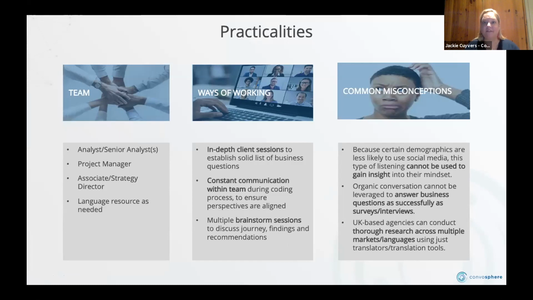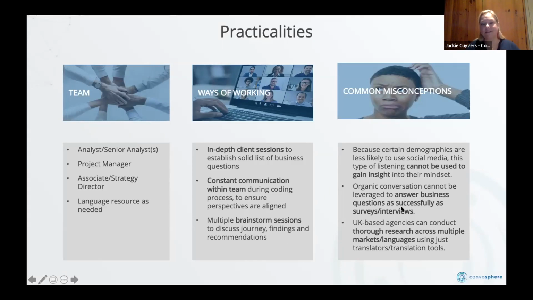And then a few common misconceptions. Is social data or online data representative? It really is, because even if, say, a Parkinson's patient is not speaking about their experience online, their adult caregivers and their physician are. The data is out there.